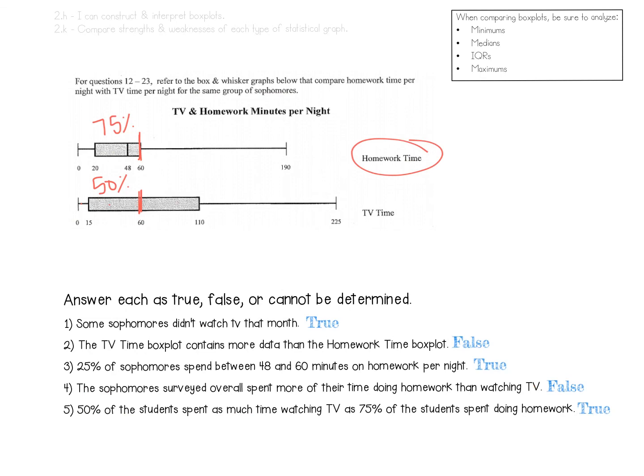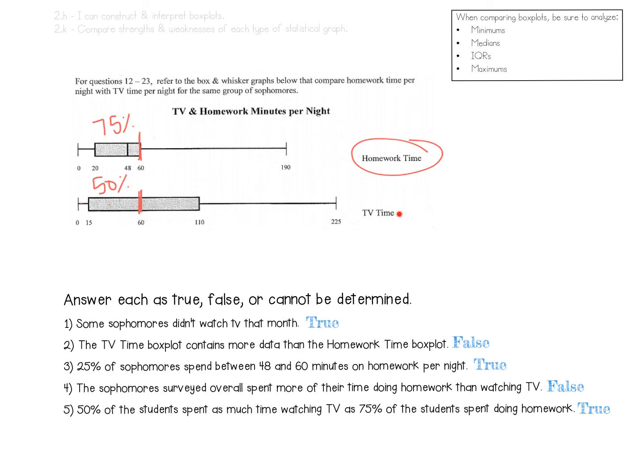So this, not only did students spend more time, the student with the most time on TV is higher than the maximum for homework. So when we're comparing, we look at maximums. Minimums are the same. The median, so the average, that middle number was 60 minutes spent watching TV, where the average middle number was 48 for doing homework.